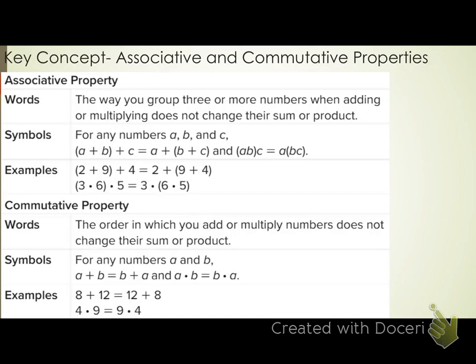So in this case, 2 plus 9 would give me 11, and 11 plus 4 would give me 15. Over here, 9 plus 4 would give me 13. 13 plus 2 would give me 15. Do we get the same result?